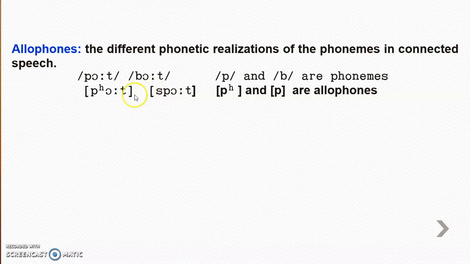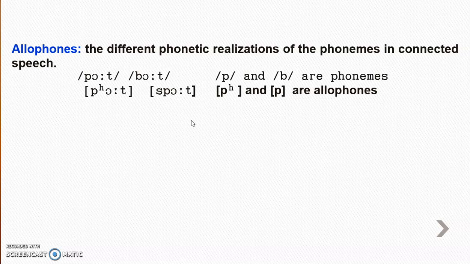So we've got the same phoneme, p, the abstract entity, the one your mind interprets. But when I actually say it, I realize it differently. I realize it with aspiration in one case and without aspiration in the other case. So these two different realizations are called allophones of the same phoneme.